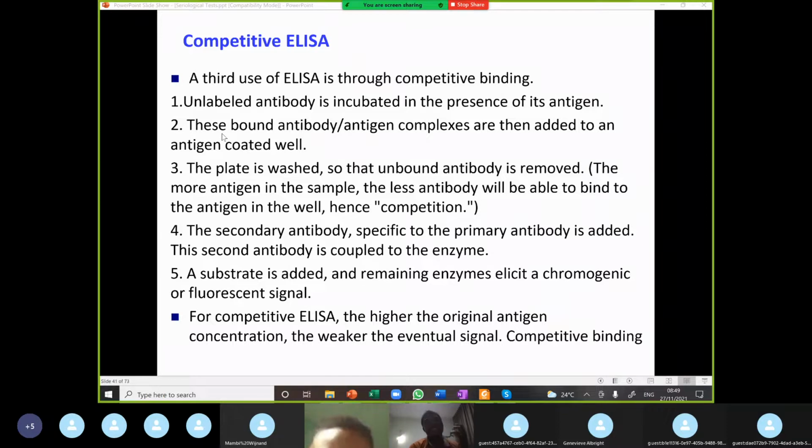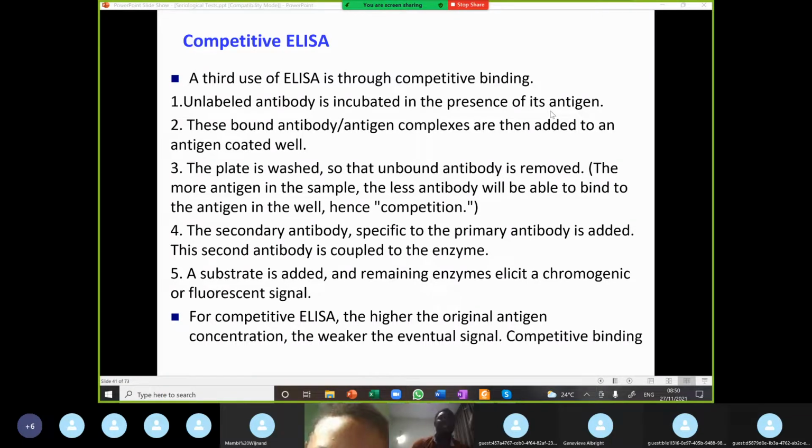The patient's sample is allowed to react with another antigen. It could be the same antigen. I think typically it is the same antigen.